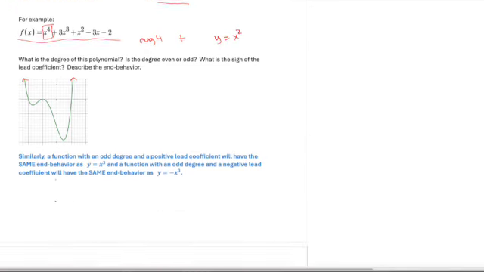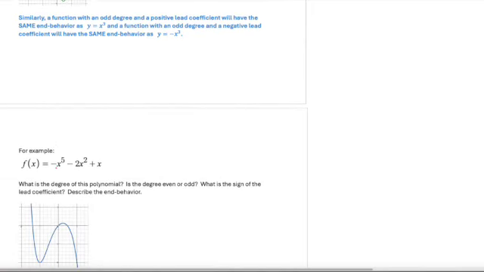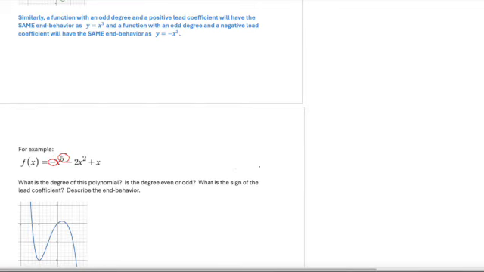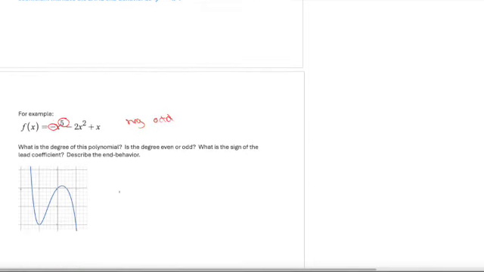Likewise, if I'm looking at something with an odd degree, consider negative x to the fifth minus 2x squared plus x. What is the degree? The degree is 5. We have a negative lead coefficient, so this is a negative odd powered function.